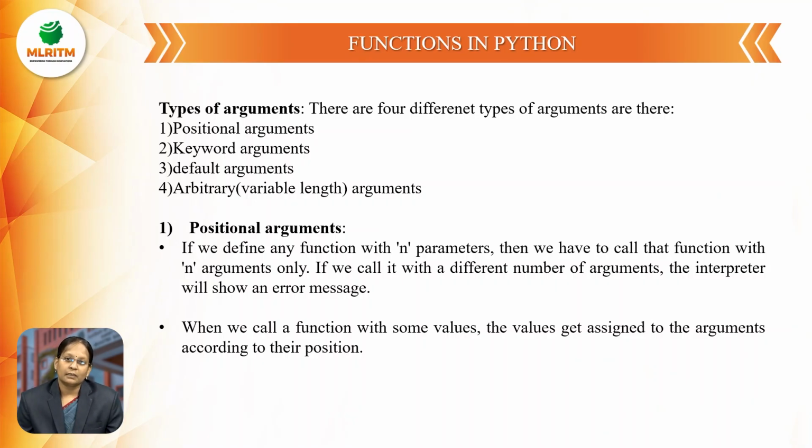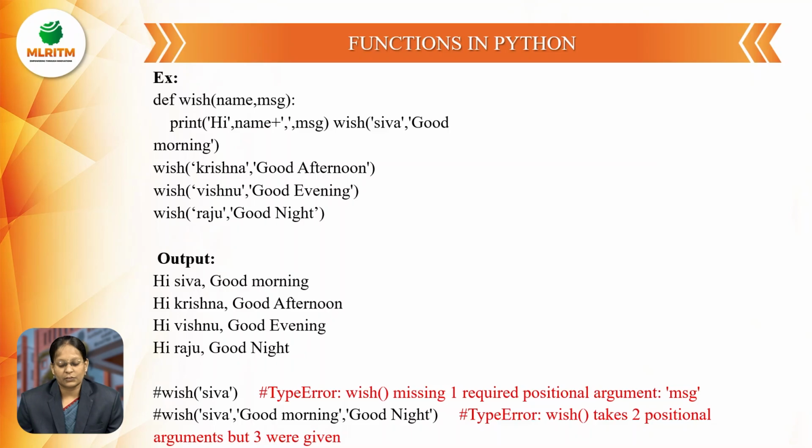So that means the arguments in the calling function and the arguments in the definition should be the same. When we call a function with some values, the values get assigned to arguments according to their position. So here we show name, comma, message. Here we have 2 arguments in the function definition.